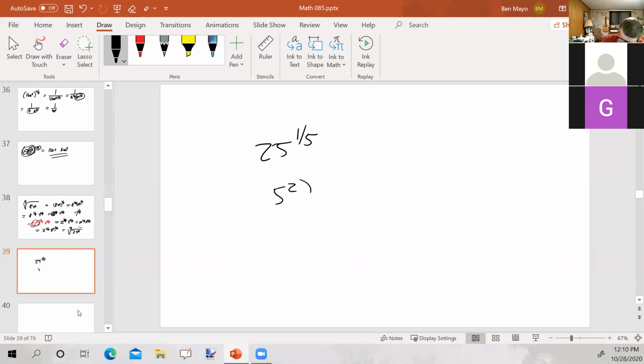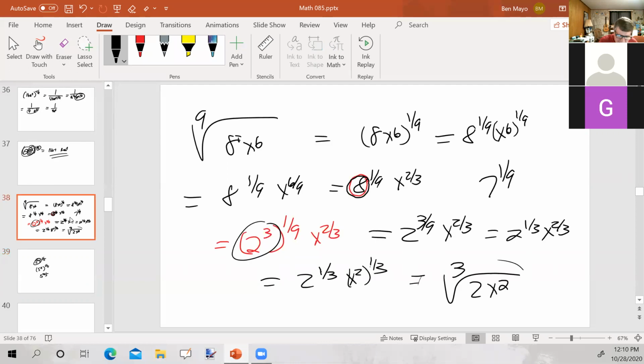That would be 5 squared to the 1/5, or 5 to the 2/5. Because I can break that down and write it as something to an exponent power. Okay, I see. That's the trick to look for. And again, the first couple times you see it, it's like, what? But you sort of end up getting used to it and adding it to your bag of tricks.